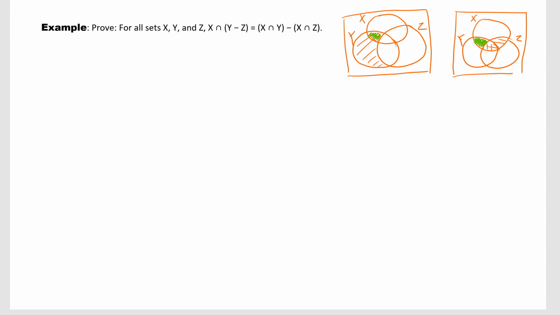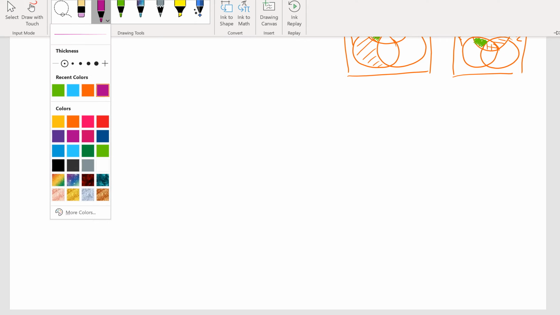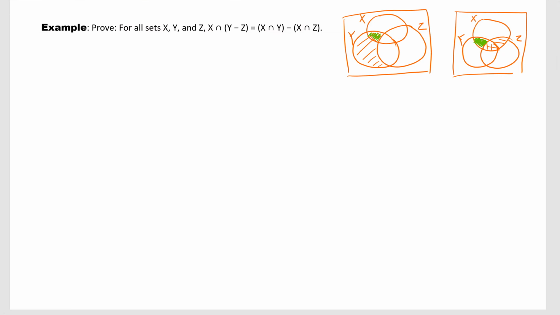But today, I really want to show you how to prove it using definitions. Equal means this side is a subset of the other side, and the right-hand side is a subset of the left-hand side, and then they are equal. So here we have two directions.